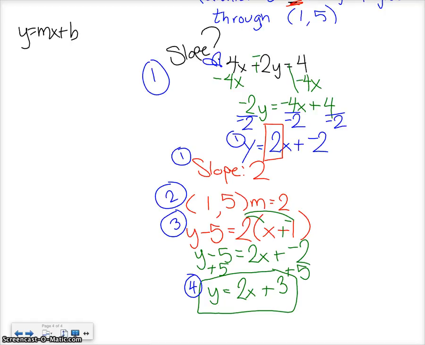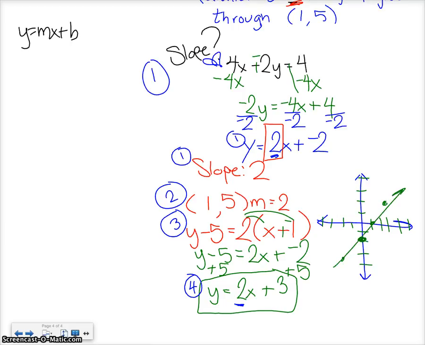Notice that they are parallel lines because they have the same slope, but they have different y-intercepts. So if I were to graph these, I'm just going to make a rough graph. The first one I would go through negative 2 and then up 2 over 1, up 2 over 1, down 2.